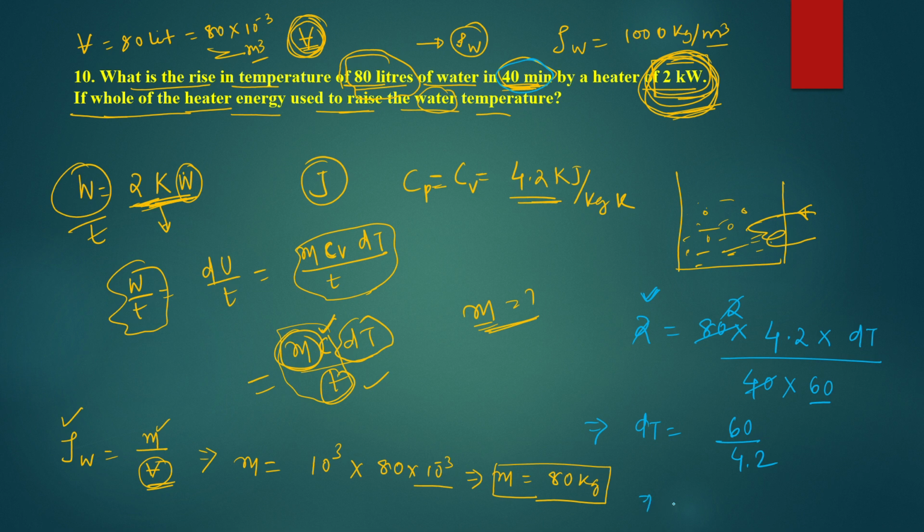Let us find that change in temperature, which is 60 divided by 4.2, so we get 14.3 degrees centigrade. This is the temperature rise in this particular condition. I hope this is clear. Let us move towards the next question.